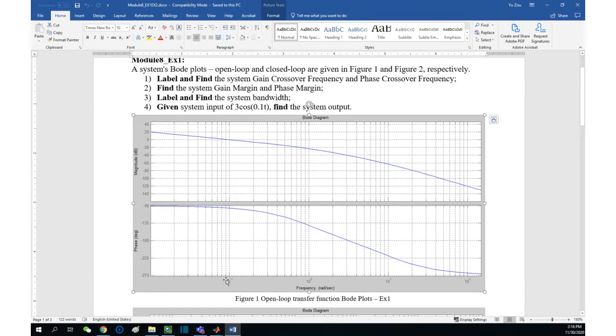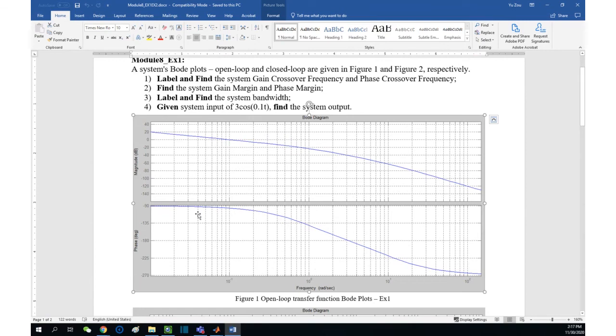By the way, have you guys learned how to read a logarithmic axis like this? Because this x-axis is a frequency axis, and it is labeled in logarithmic scale. It's not linear 1, 2, 3, 4. No, it's not like that. It's labeled in log.